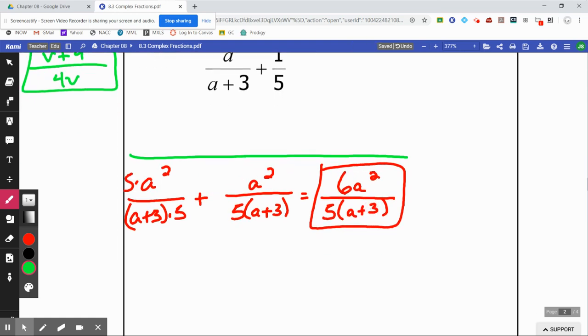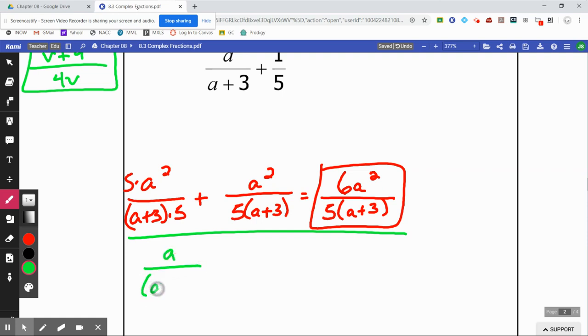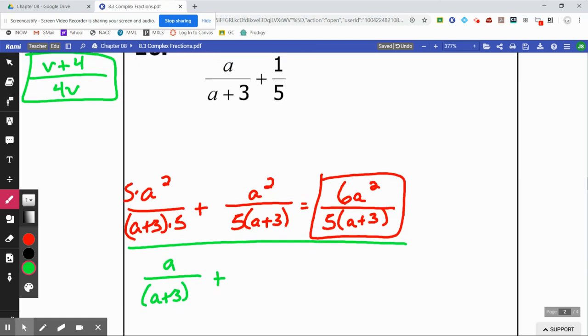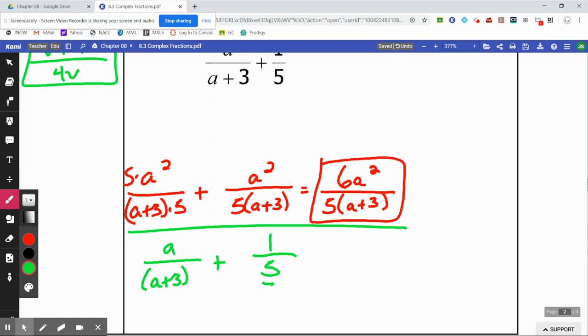The bottom, we'll write it below it just so it makes more sense. You have a over a plus 3, put it in parentheses, plus 1 over 5. So you have a 5 here, so you need a 5 here, so let's multiply top and bottom by 5. That'll be easy. And let's multiply top and bottom by the a plus 3. Now the bottoms are the same, and we can combine them. So the bottoms are 5 parentheses a plus 3.